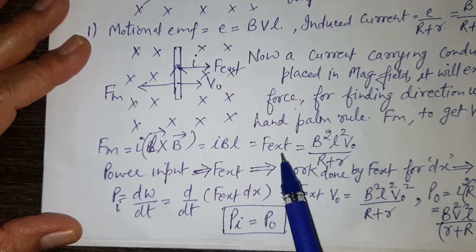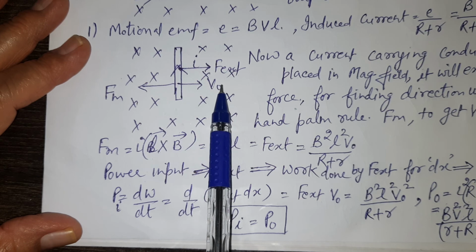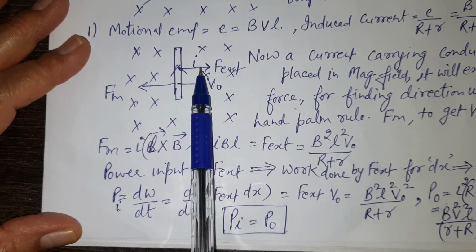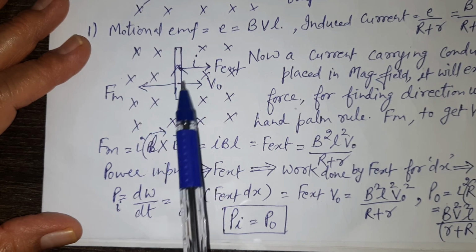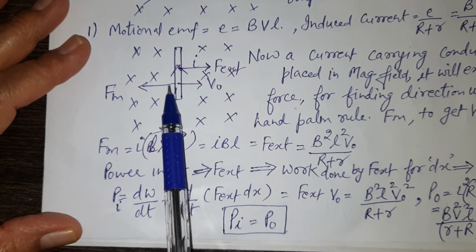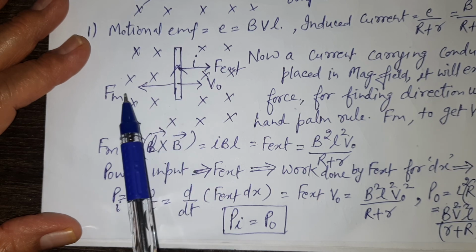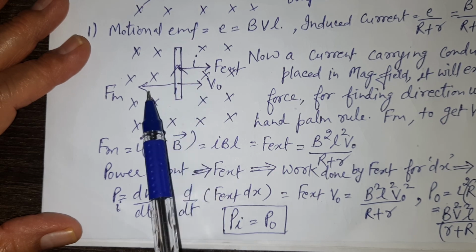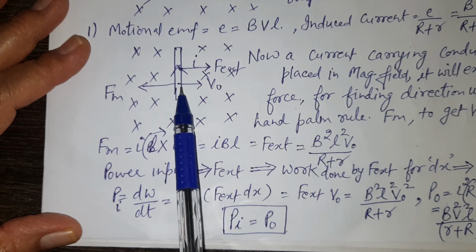So to move this conductor with constant velocity, we have to give some external force which should balance this force. If you remember the article in chapter number 4 in which we saw two parallel currents, a current carrying conductor always gets attracted in a magnetic field.